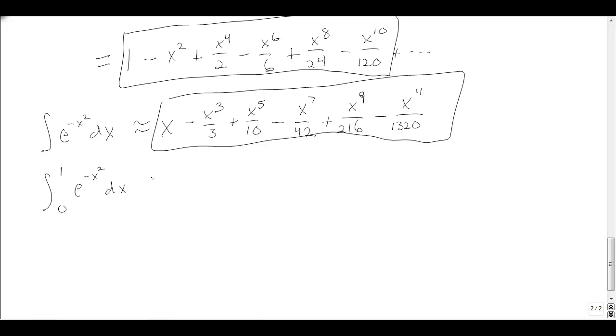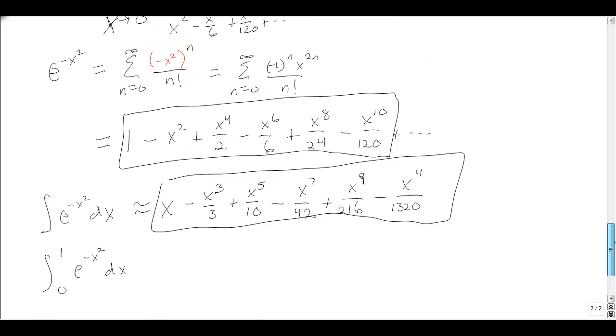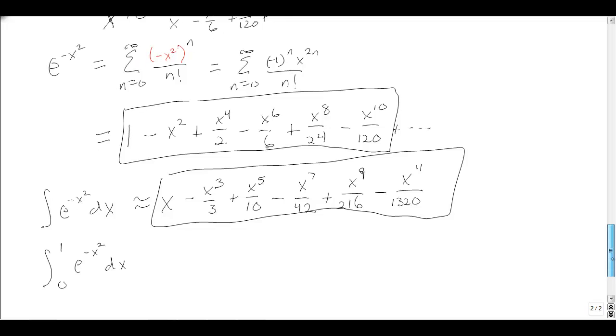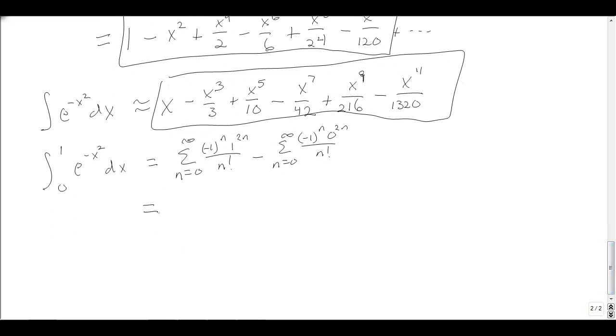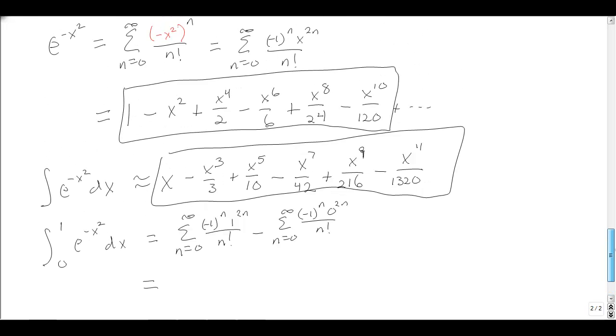I should be able to plug in 1 up here minus 0. So what I really need is my series here, where I plug in x equals 1 minus when I plug in x equals 0. The sum from n equals 0 to infinity of negative 1 to the n, 1 to the 2n over n factorial... A little twist here: sorry, that's not our series.